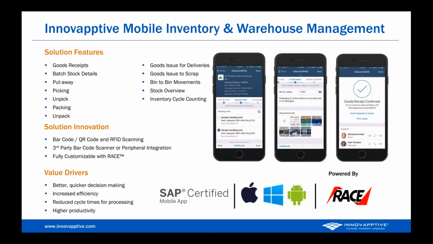We support all of the different operating systems we talked about earlier: Windows, Android, and iOS. And we support all of the different barcoding solutions around at the moment, from simple 1D and 2D barcodes and QR coding through to RFID scanning.